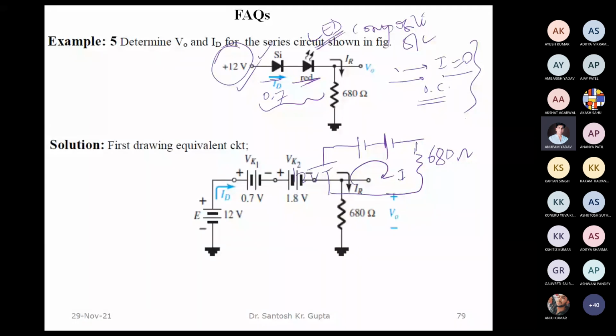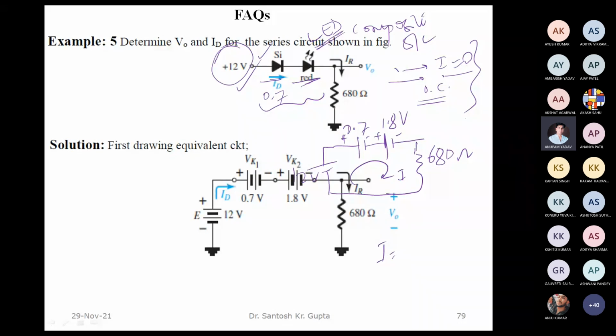So it is 1.8 volt here for the LED and 0.7 volt for this silicon diode. It is easy now to find out this current.